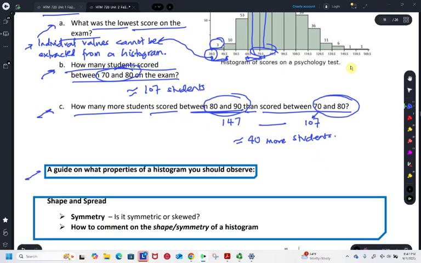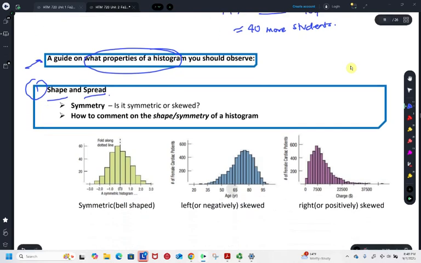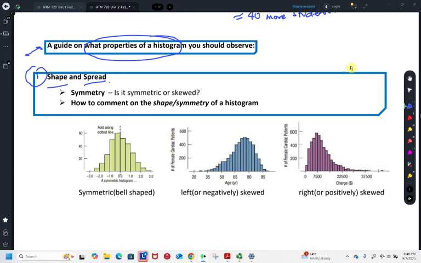Next, we proceed to a guide on what characteristics of data a histogram can show us. The first one is the shape and the spread of the data. For instance, if I were to draw a histogram for a single numerical variable and it has this floating ghost shape, this is said to have a symmetric shape.